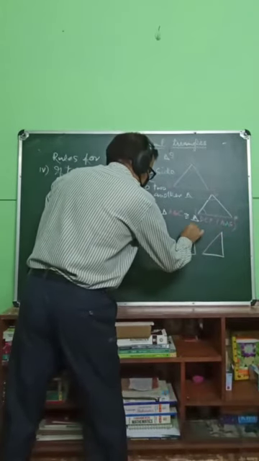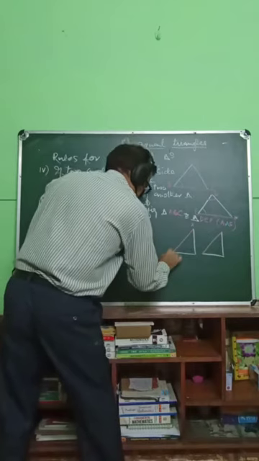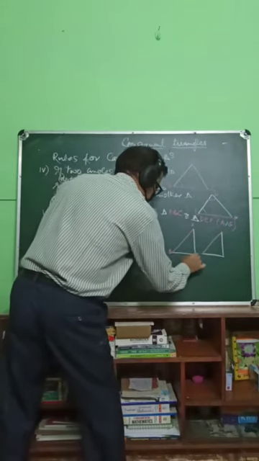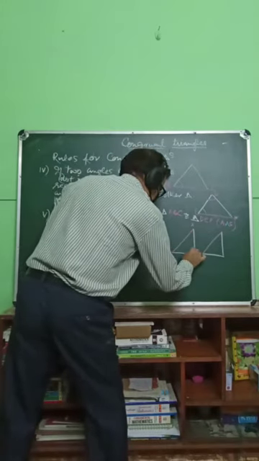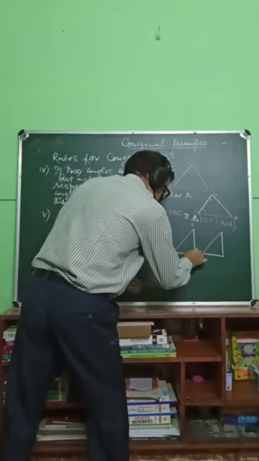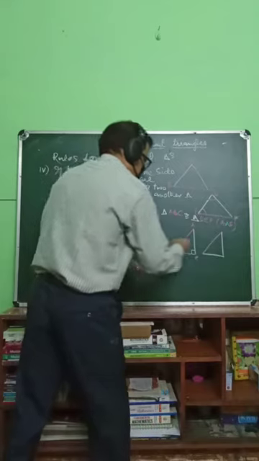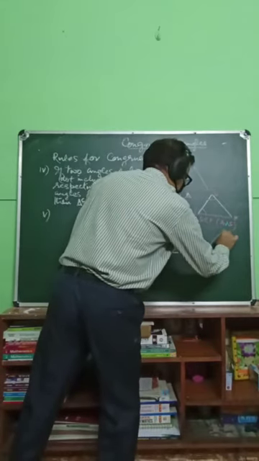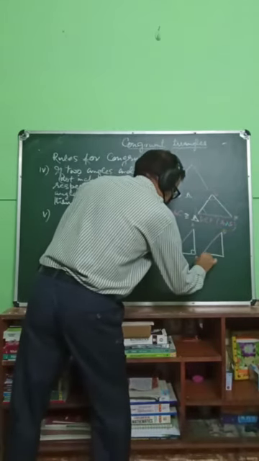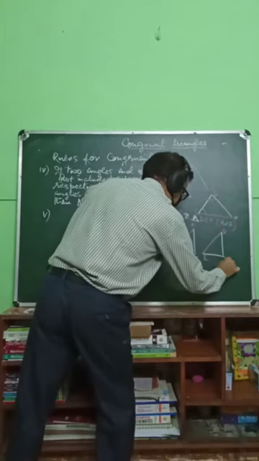This is A, this is B, this is C, this is right angle. Here it is A, here it is D, here it is E, and here it is F.